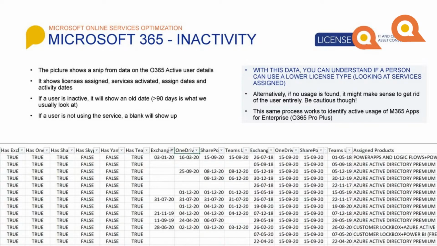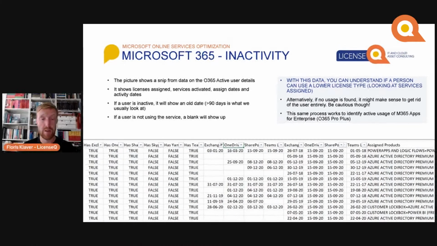So if you have long-term leave in your organization, you might just want to make sure that you take away many of the licenses, the services that they're not using, and only assign to them the services that they might need. Like if you have someone that's gone for a year, but might come back, okay, remove all the licenses, just give them an Exchange Online license or a OneDrive license to maintain their data, and then when they come back, you can give them back the services that they might need.